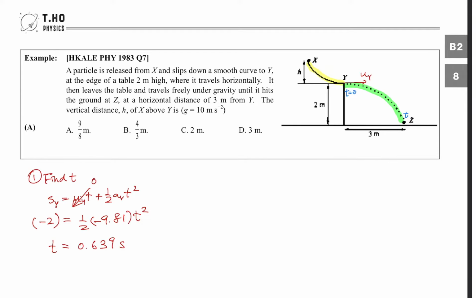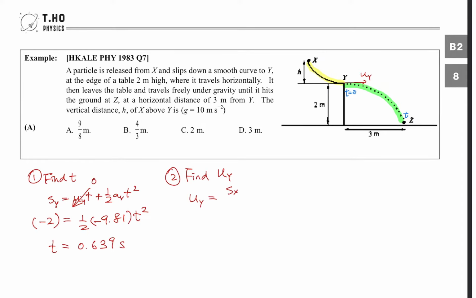Okay, so we can calculate the projection speed at point Y, which is a horizontal speed, a horizontal velocity. It can be calculated by the horizontal motion of this projectile.